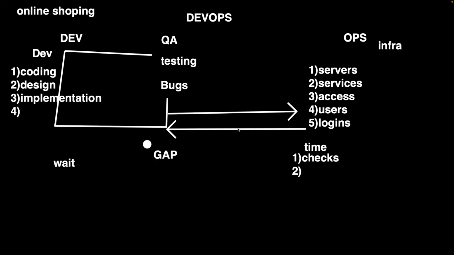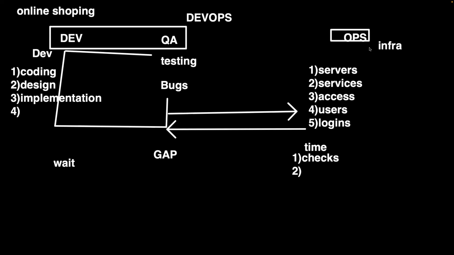And the ops team doesn't have clarity on why the development team or QA team should request something new which they are not sure of. There is no proper collaboration and no proper understanding, hence there is a gap between those teams. Here I am clubbing dev and QA into the dev team. I would refer to them as the dev team. And there is a gap between the teams.